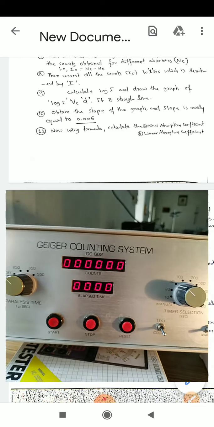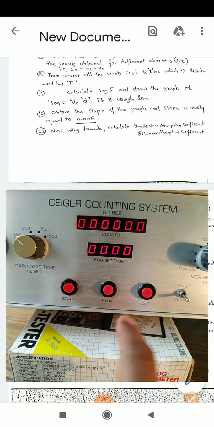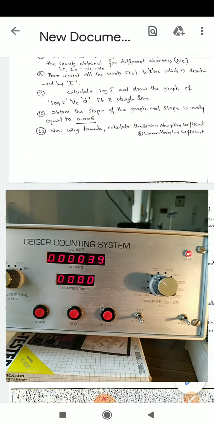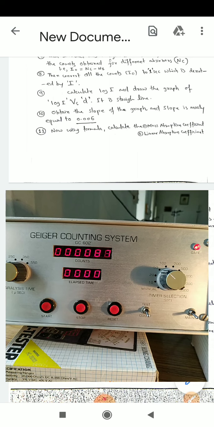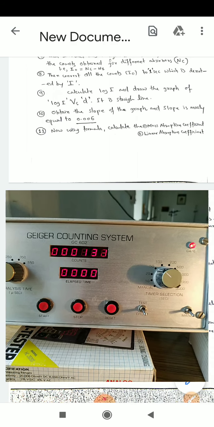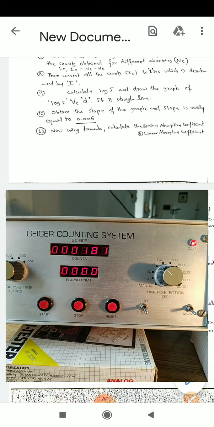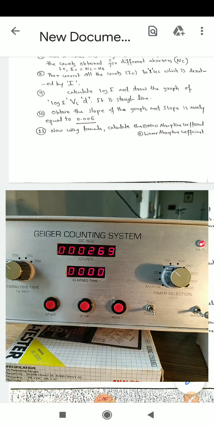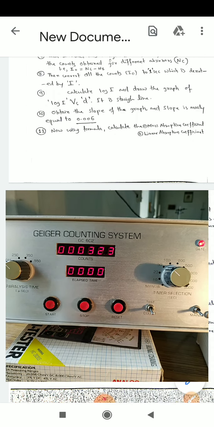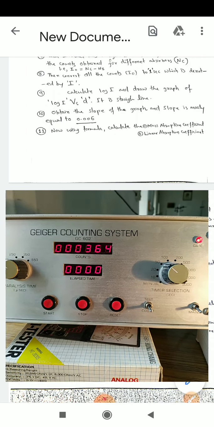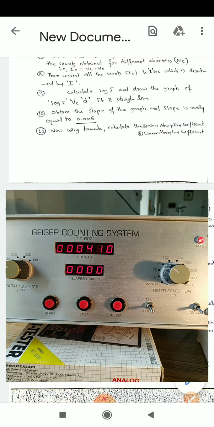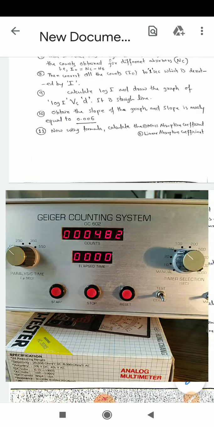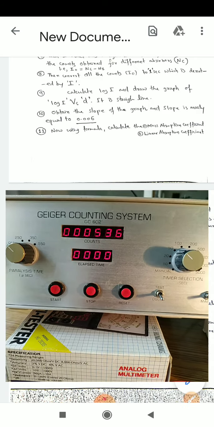Now I will start to record the experiment. The counts are being recorded in the Geiger counting system for absorber 1, for 50 seconds.